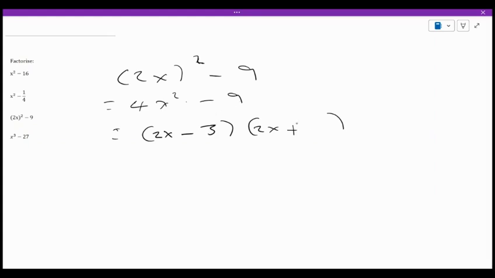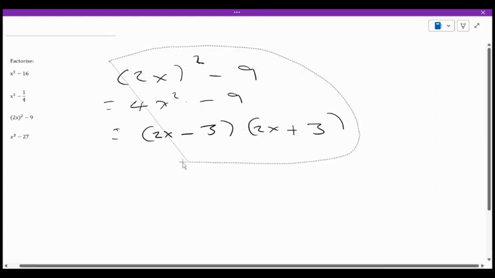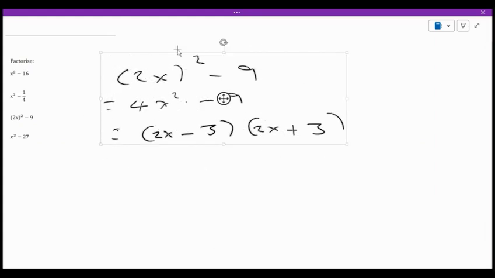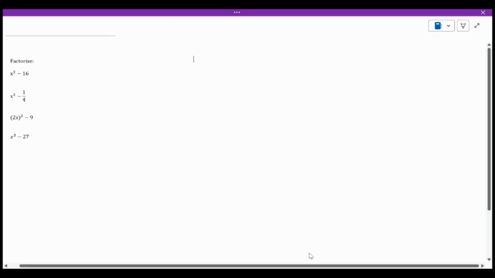We get 3. And then when we want to check, we're going to FOIL this and see if we land back over here. And we're done. Once you get into the groove of things, this is just going to be a walk in the park.